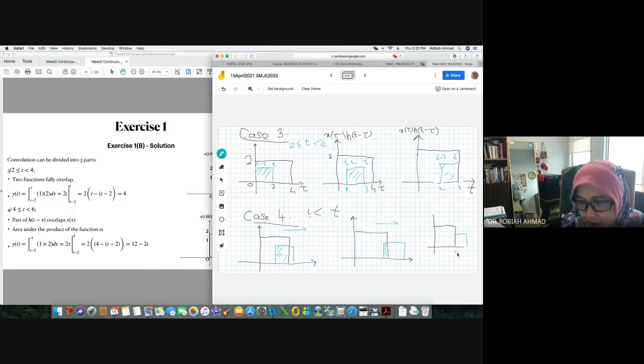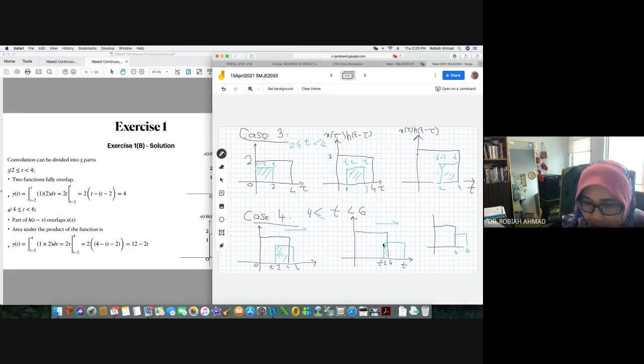So this one is 4, since this is 2, so this one will be 6. Okay, so t will be between 4 to 6. Okay, what about the area of overlapping? The area of overlapping will be, if we look here, 0, this is t, this is 4, this is t minus 2, t minus 2, this is 4, and this is t.